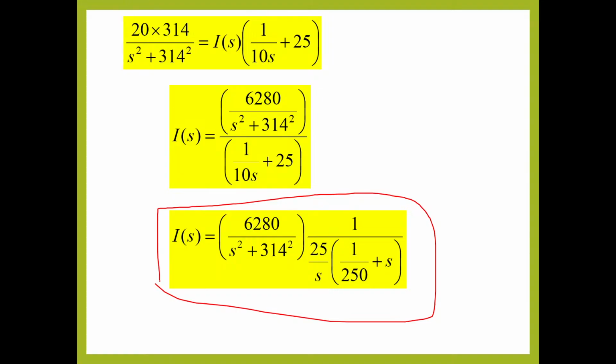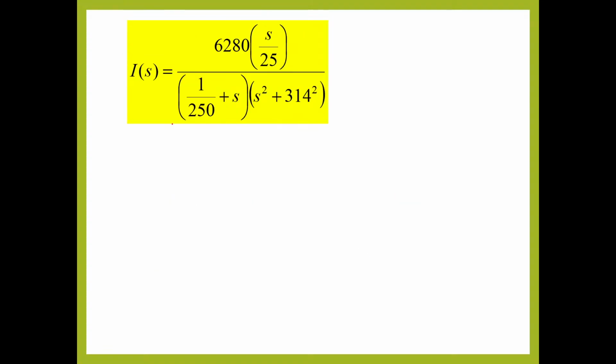Now I can send this 25 by s to the numerator and write s divided by 25. Simply that's what I have done.